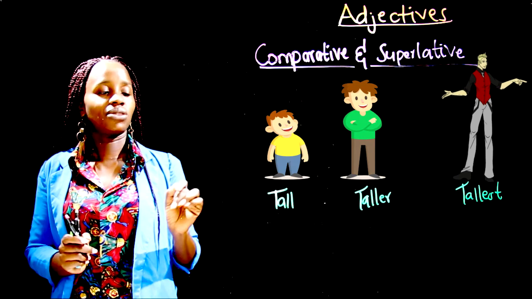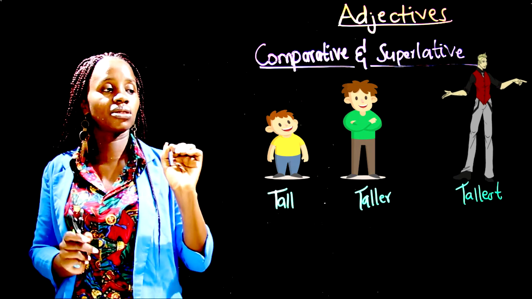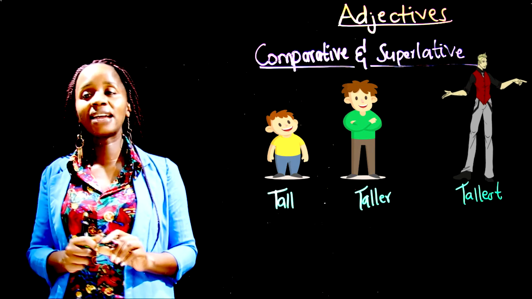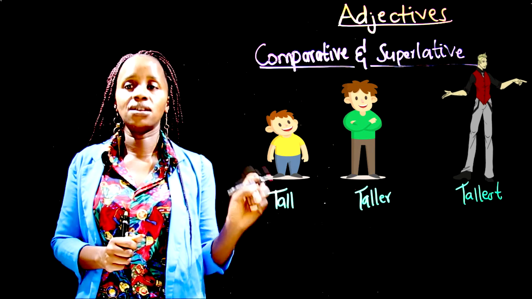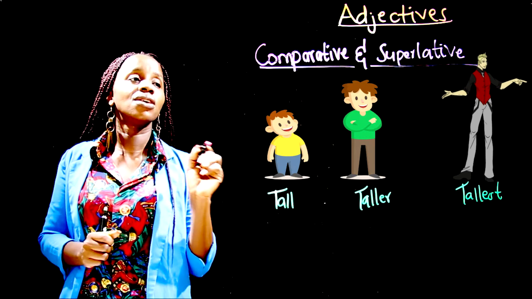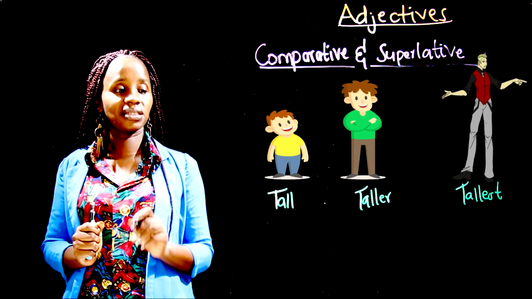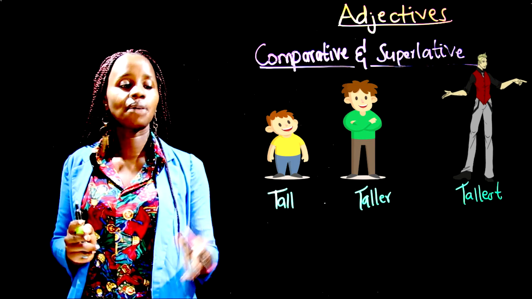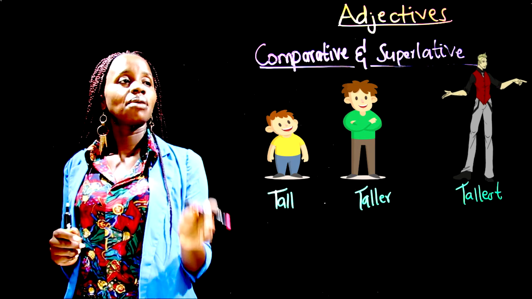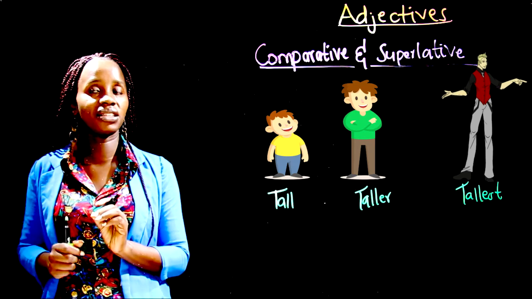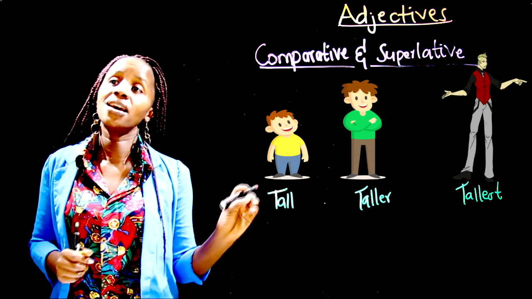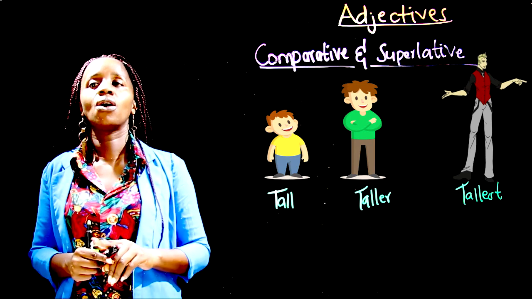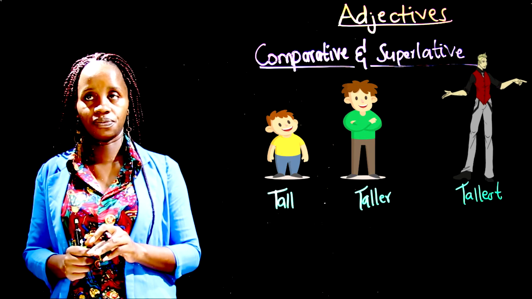Okay? So for comparative we use between, and for comparative we only add er. We add er to the adjective. For example, the adjective in its normal nature is tall, right? But in its comparative nature we add er. We add er to bring that aspect of comparison.